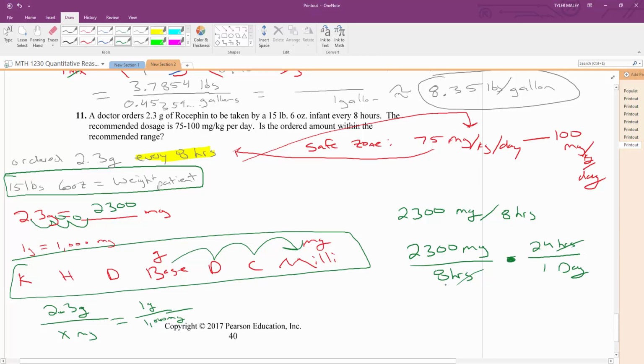Or in other words, think about it this way: if you take a medicine every 8 hours, that's 3 times in that day. So you're taking 2,300 milligrams at, let's say, midnight, then at 8 a.m., and the next time would be 4 p.m., and then you would be back at midnight.